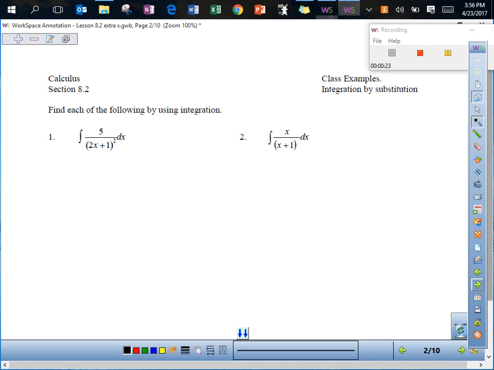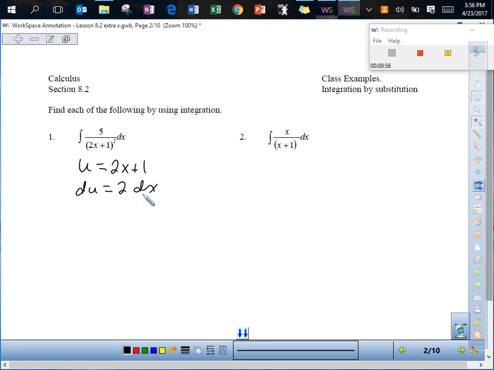If you would look at your number 1 real fast. We've done this one before. I've got 5 over the quantity 2x plus 1 quantity squared, and we're going to find the antiderivative of that. We'll see if these steps sound familiar. I'm going to let u equal the quantity 2x plus 1. I'm going to say the derivative of u is 2 dx.